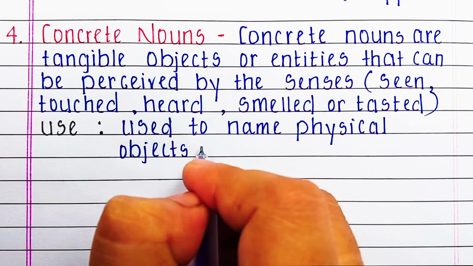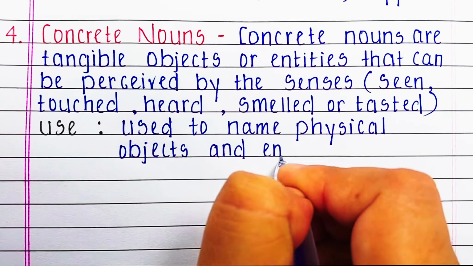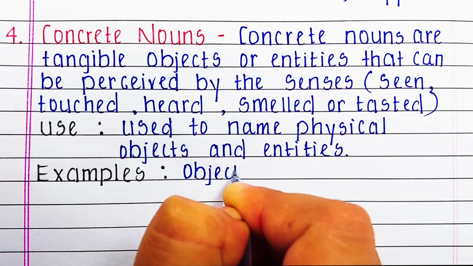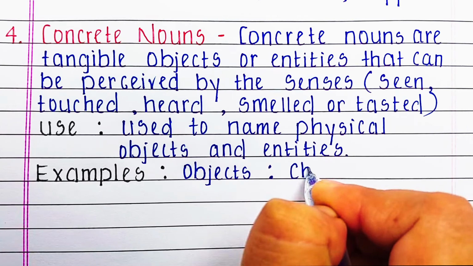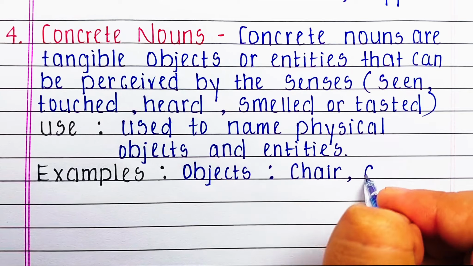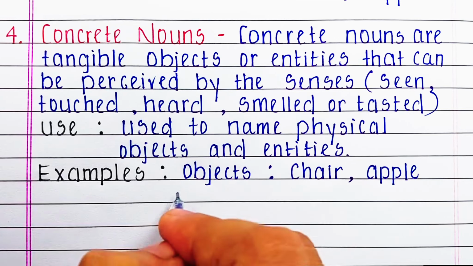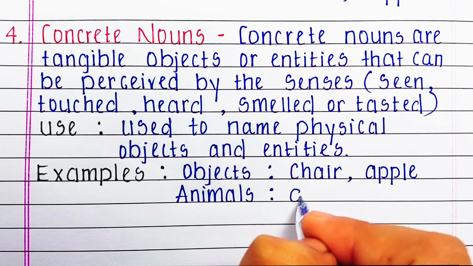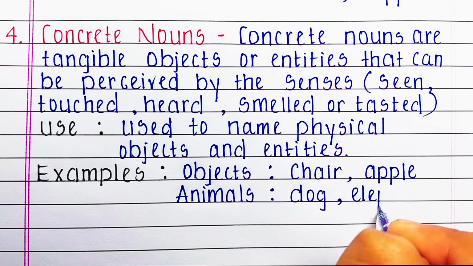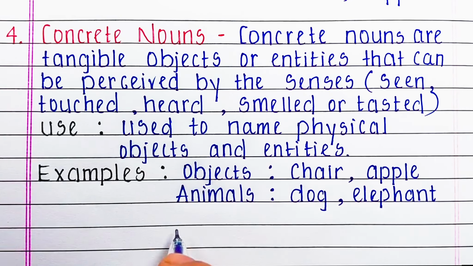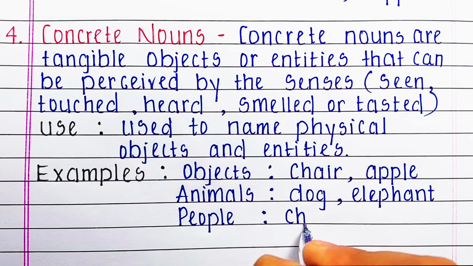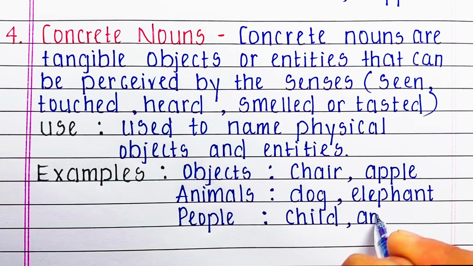Use: it is used to name physical objects and entities. For example, objects like chair, apple, etc. Animals like dog, elephant, etc. People like child, artist, etc.